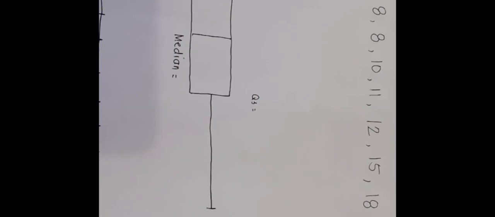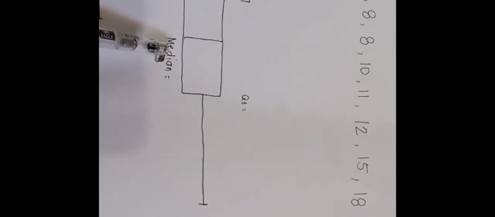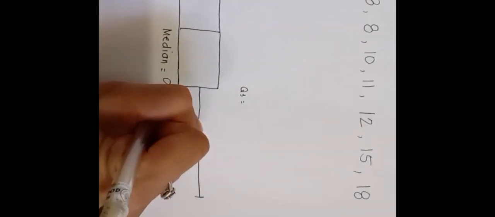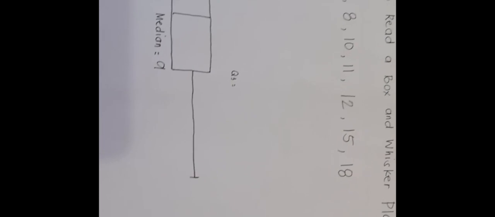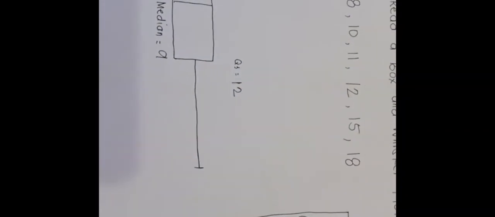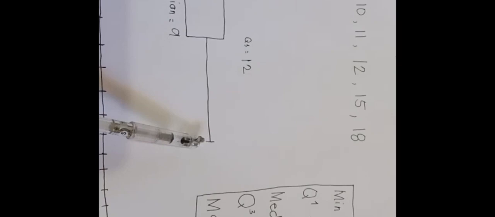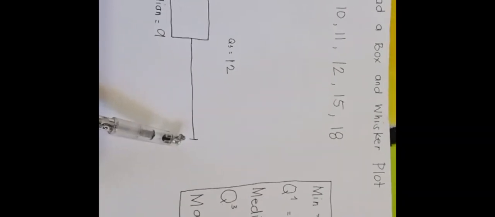Then we have the median, which is represented right here, is 9. Then the third quartile is represented right here, that is 12. And then lastly, we have the maximum, which is 18 and represented right here.